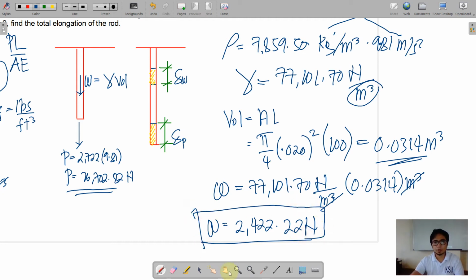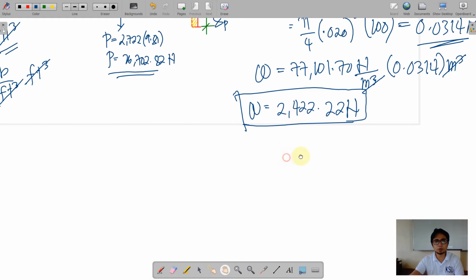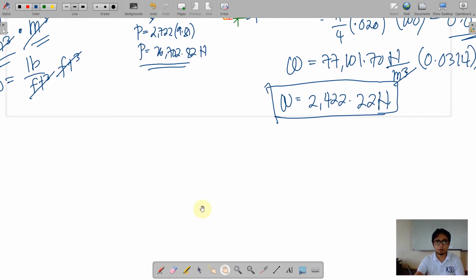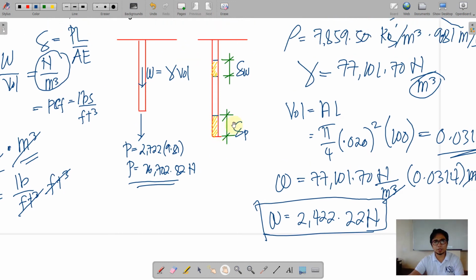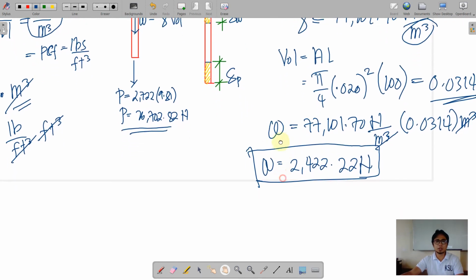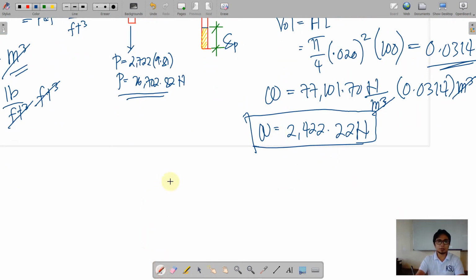Okay, next we'll now go to the calculation of the deformation. So again, we have the total deformation equal to the sum of the deformation due to weight and the deformation due to the track weight, so that the total stretch will be equal to the stretch due to the weight plus the stretch due to the force of the track, or the weight of the track.